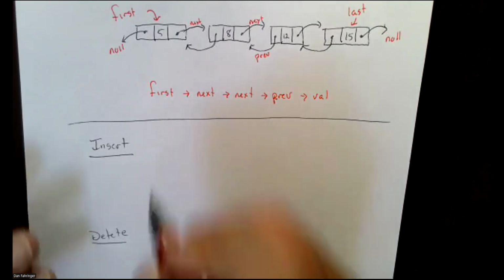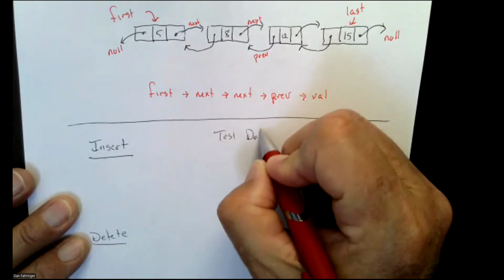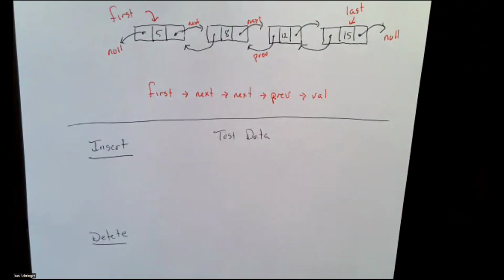First things first, test data. I want to insert. Tell me what I would have to do for insert. What would be the first thing for insert? See if I can get this habit coming through.